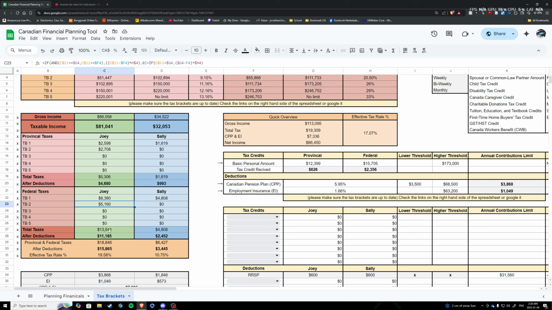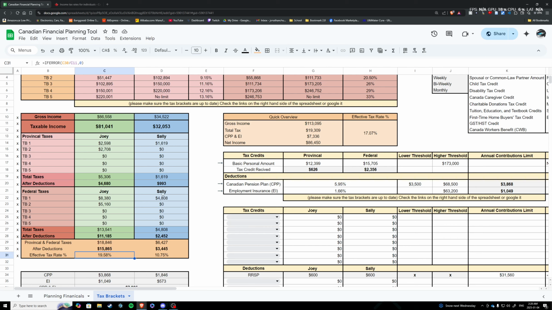That's a total of 13,500 in total taxes. And then you can see your after deductions, and then you can see the combined taxes for both provincial and federal, and then after deductions again, and then you can also see your effective tax rate.